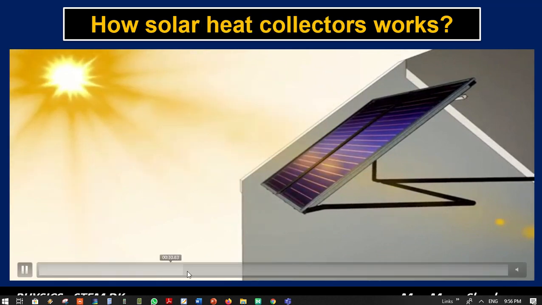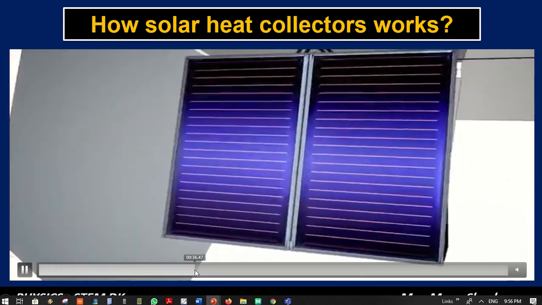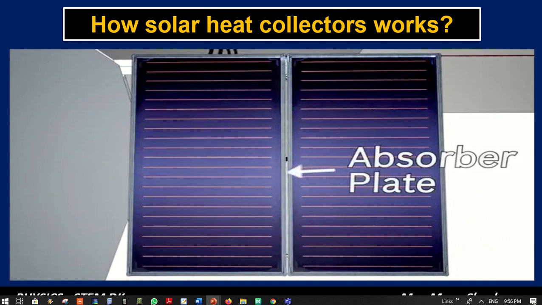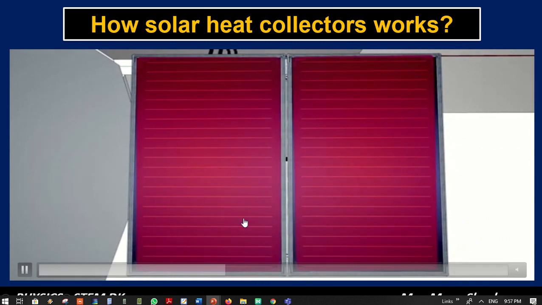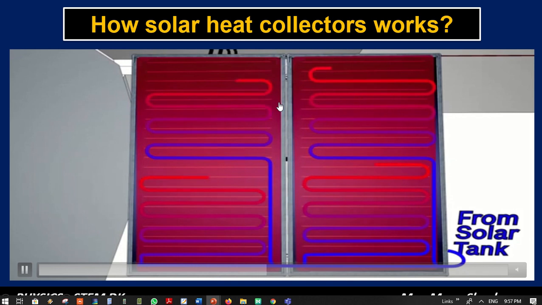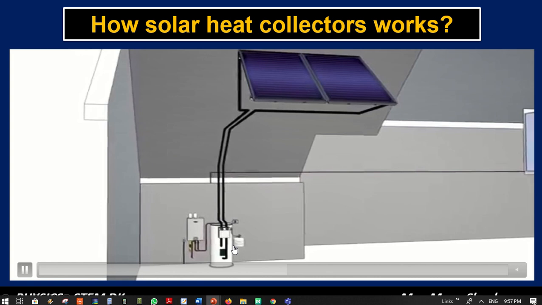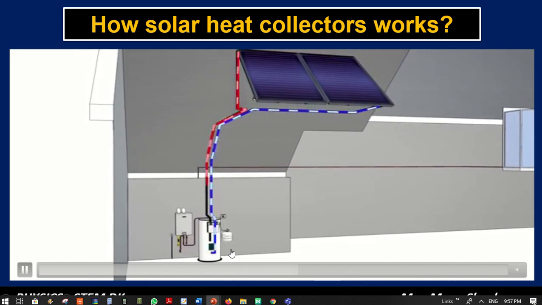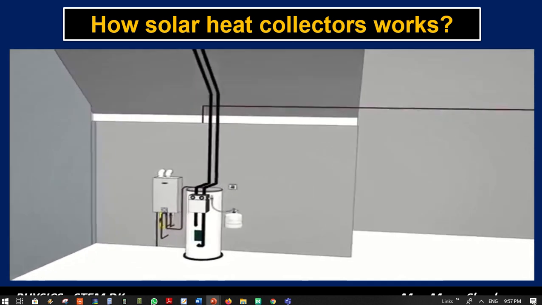Then the heat energy produced will be passed through these pipes, which have a small cross-section area. This is the absorber plate. The gas will be circulated here across the pipes and then reaches the heat exchanger, to reach its maximum temperature.